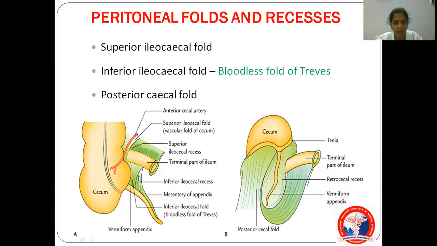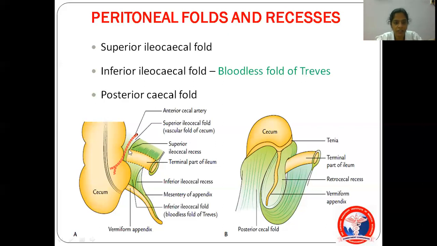The next fold is the posterior cecal fold. Here, this is the cecum, and we are viewing it from posteriorly. You can see a fold, the posterior cecal fold. So three folds are there: superior, inferior, and posterior cecal fold.